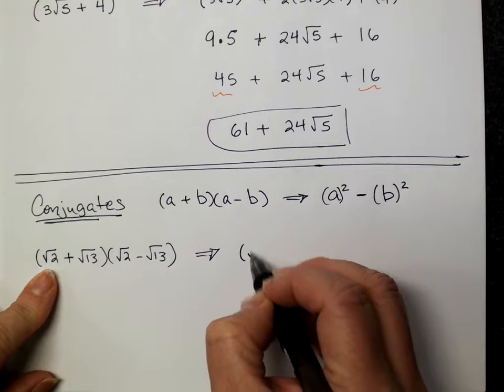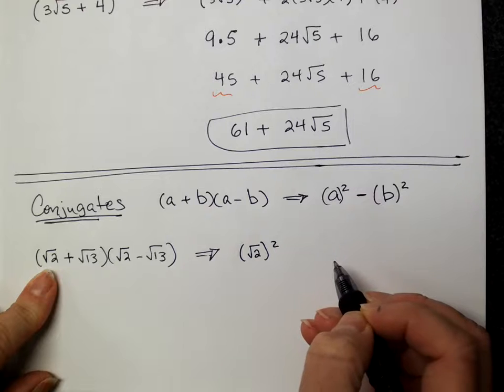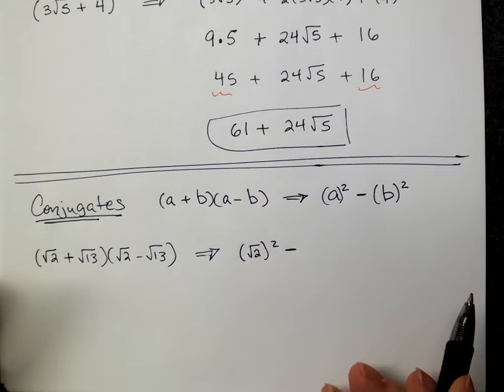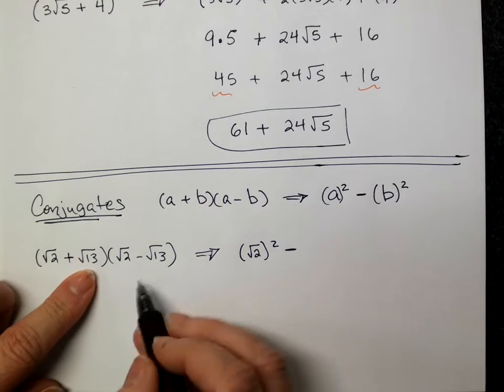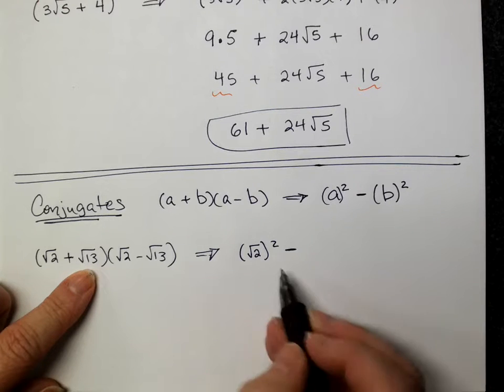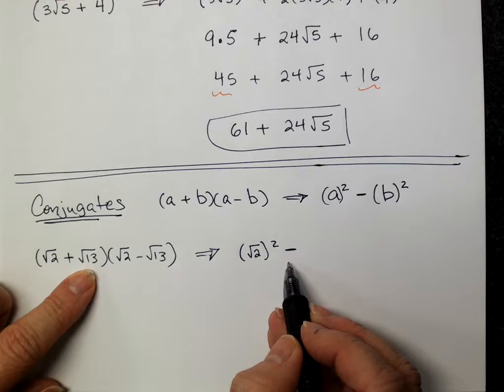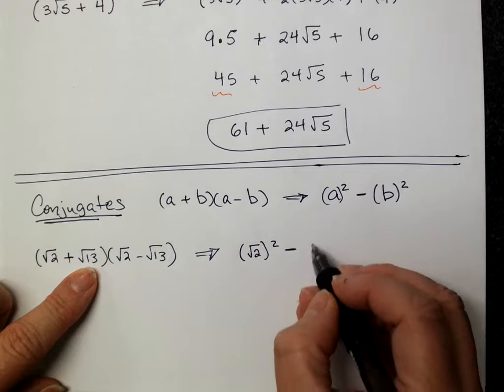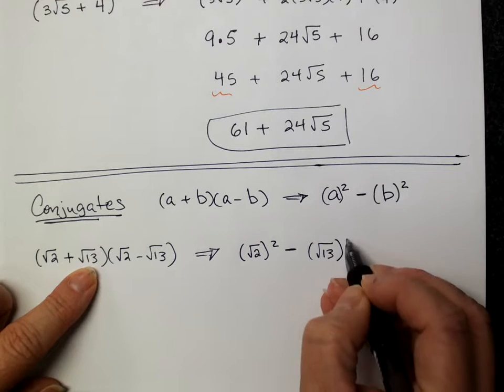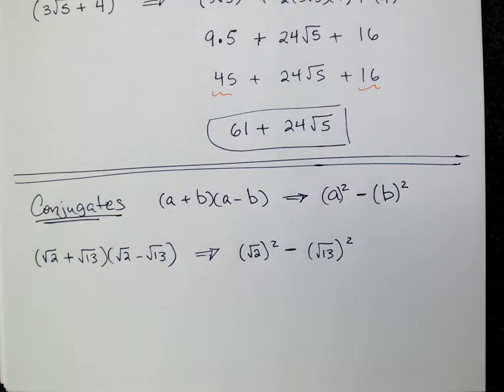So your first term, squared, minus, always minus, and then you don't worry about positive or negative 13. That minus took care of the pattern, the formula took care of the sign. This is just square root of 13 squared. Now, am I going to have any radicals left?